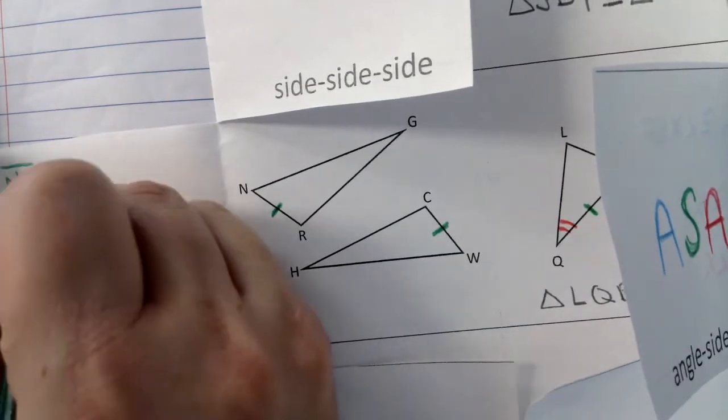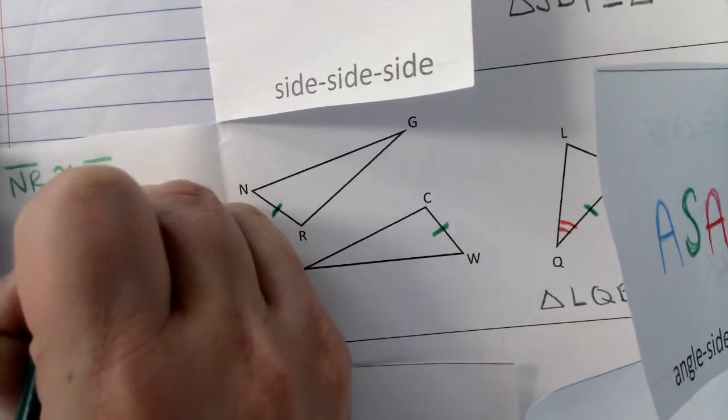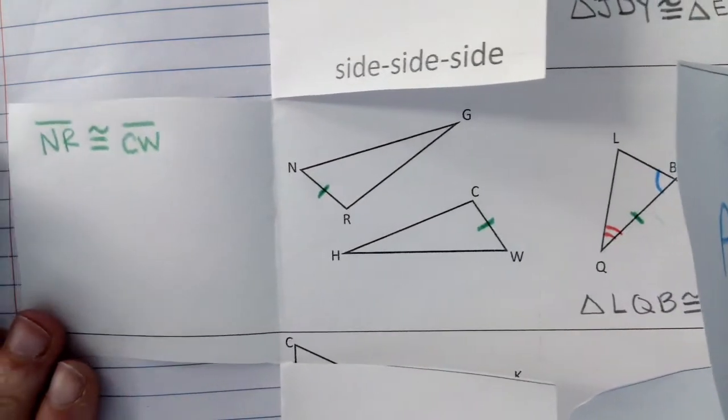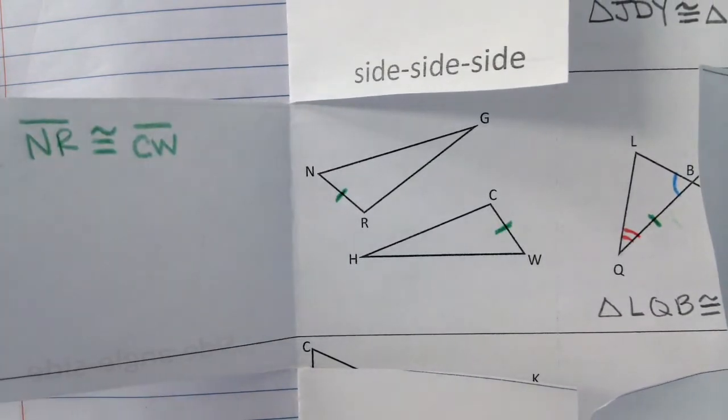Okay, then I need an angle that goes right next to that, that's connected to that side. So I'm going to go with angle R, because that comes at the end of that side.